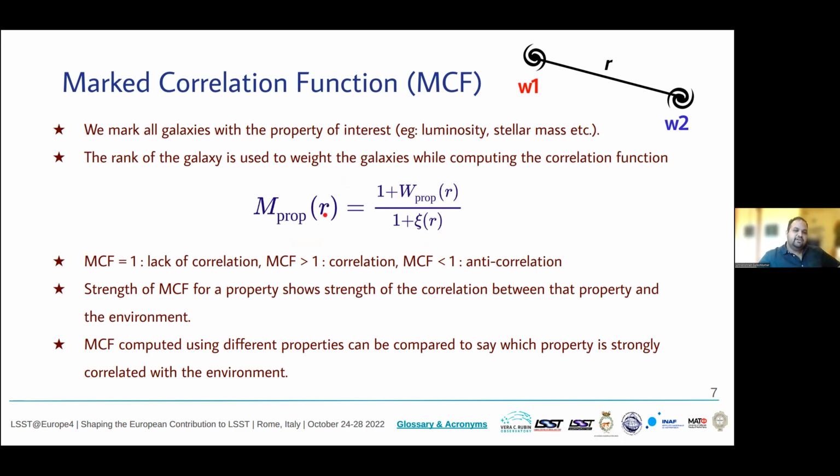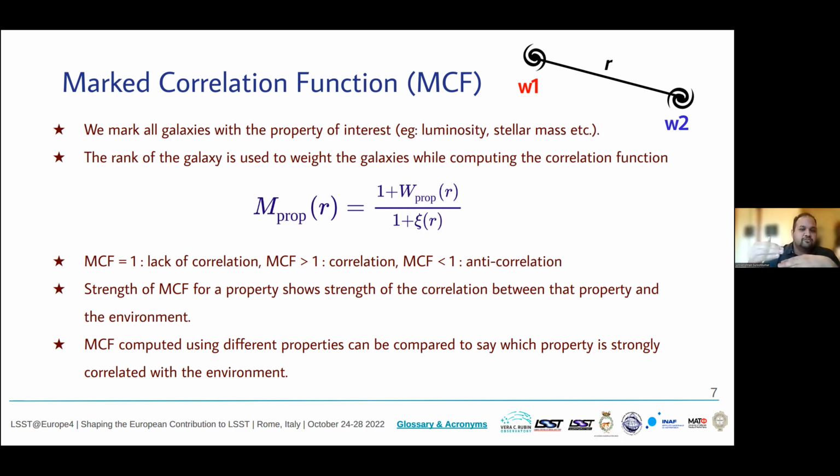So this can be used for any property that we are interested in, like stellar mass, star formation rate, and so on. And at a given scale, and for a property, if the marked correlation function is unity, it shows a lack of correlation, and a greater value shows a correlation, and a value less than 1 shows an anti-correlation.